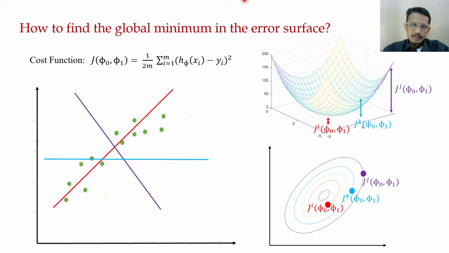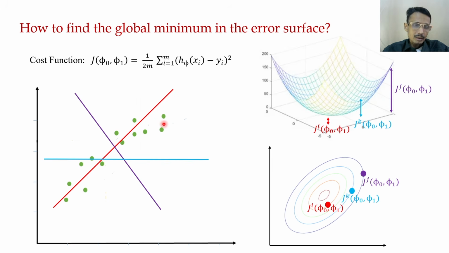In the last class, we discussed linear regression. The main problem of linear regression was that we are given some data points like this. These are the annotated, or supervised, data points, and what we have to do is hypothesize a straight line so that this line represents these data points.